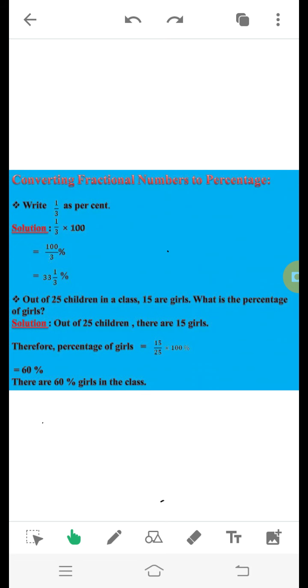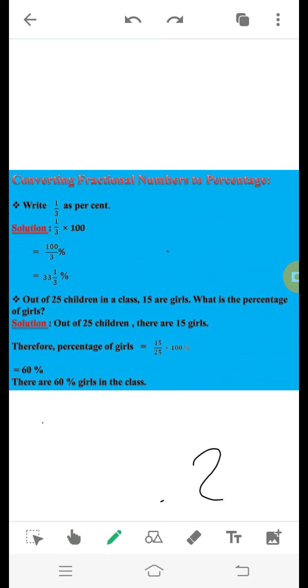Let us take one more example. Out of 25 children in a class, 15 are girls. What is the percentage of girls? Now in this sum, the fraction number is not given, but the question is given in the word form. So we have to first identify that number. Here, out of 25 children means the total number of children, it's 25.